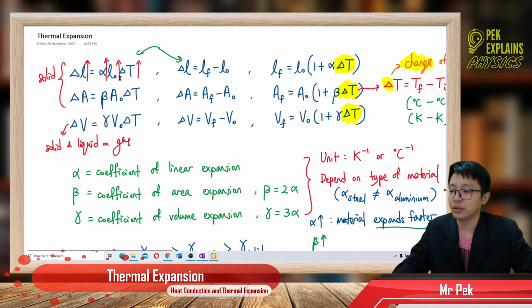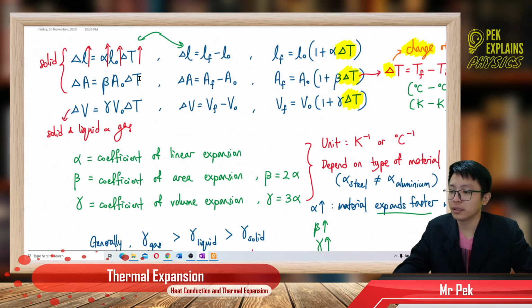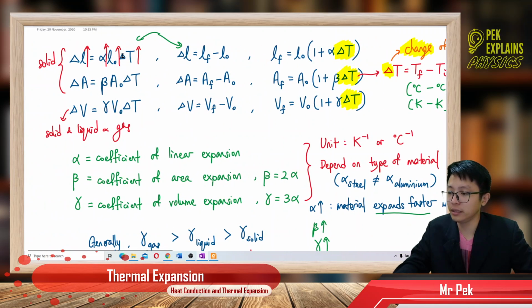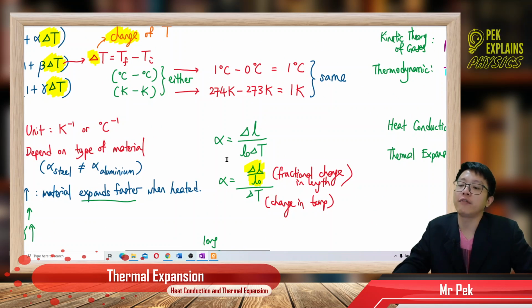L naught delta T goes below delta L. So it becomes alpha equals delta L over L naught delta T. Actually, this is the definition of alpha.